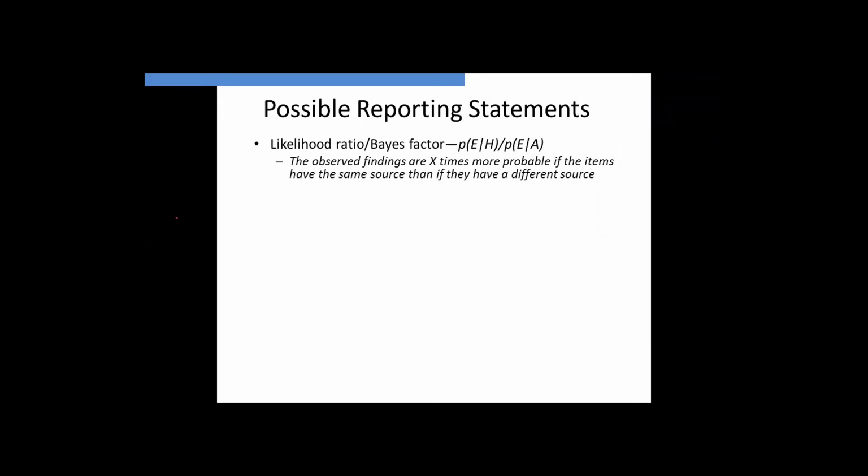So the examiner could say something like, in my judgment, the observed findings are X times more probable if the items have the same source than if they have a different source. And this has been the recommended approach by some forensic science organizations, particularly the European Network of Forensic Science Institutes. There's been some controversy about it.